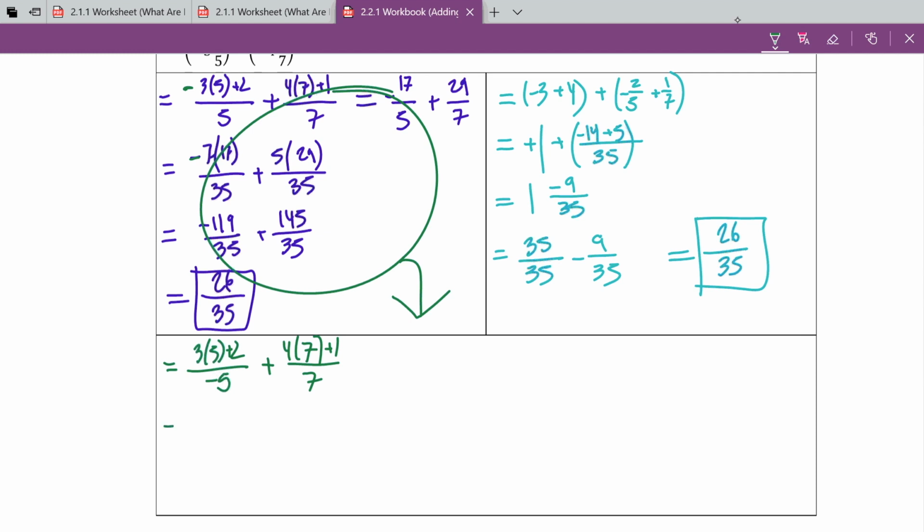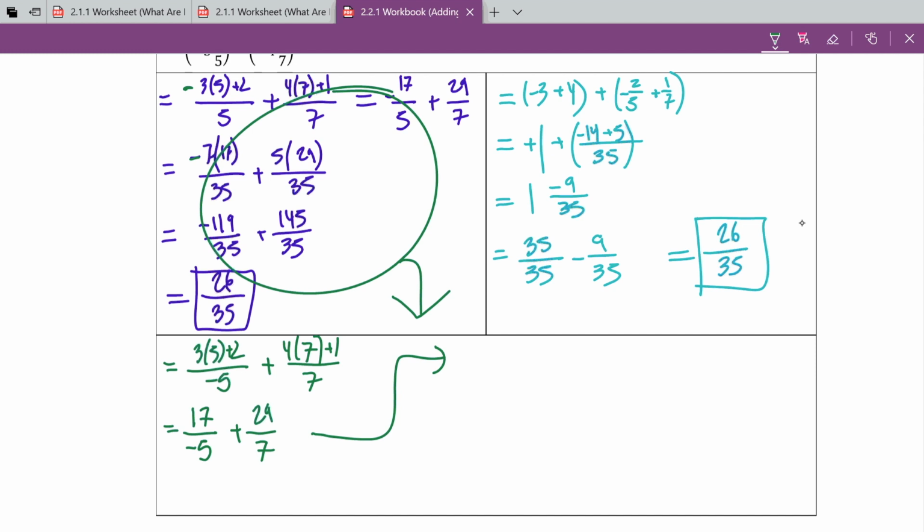Well, carrying this to the next conclusion, we're still going to get 3 times 5 plus 2, which is 17, but over -5. Plus, still going to get 29 over 7. So once we set it up this way, we're going to continue in the same line. The lowest common denominator is going to be a little bit different.